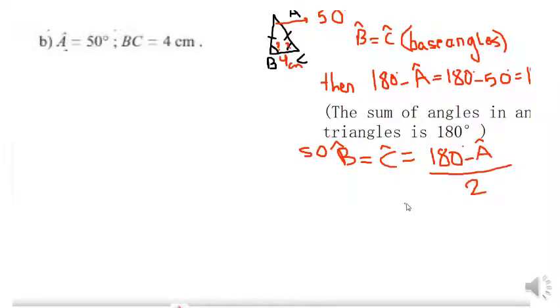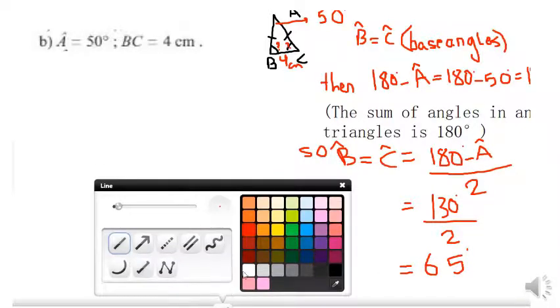We make division. 180 minus angle A is equal to 130 degrees. Divided by 2 is equal to 65 degrees. Okay, so now we find the measure of B and C.